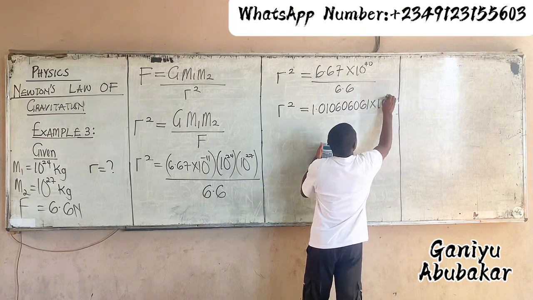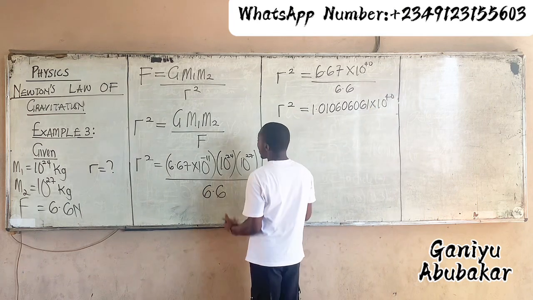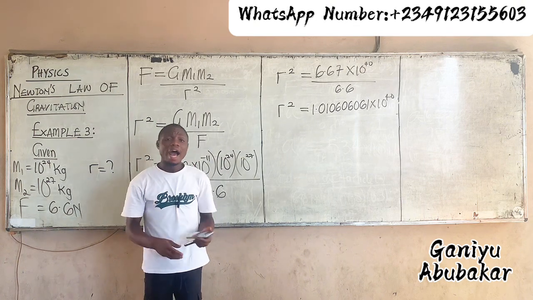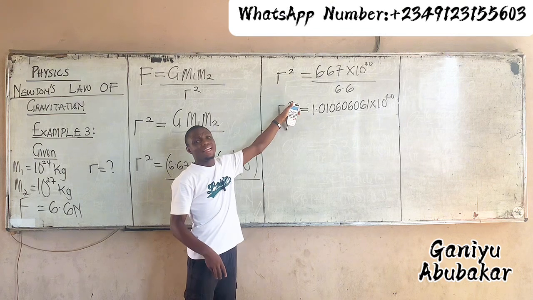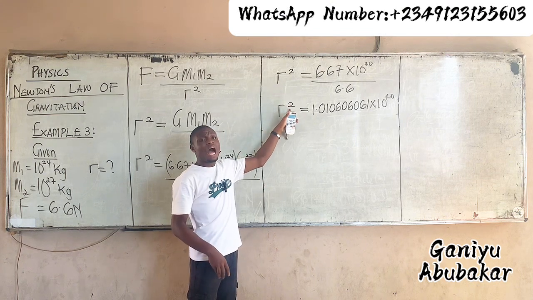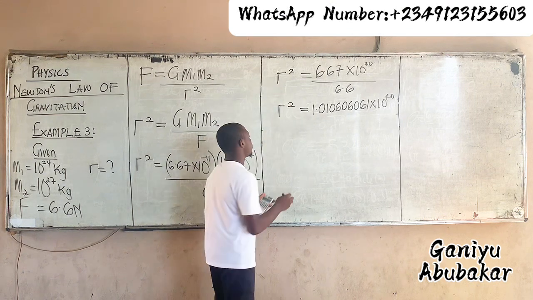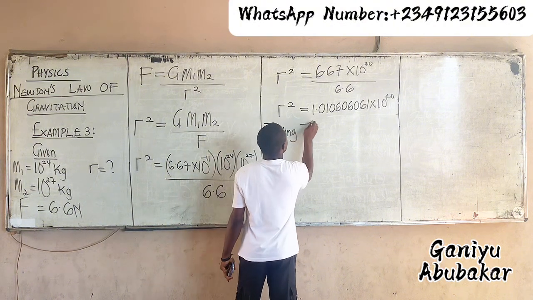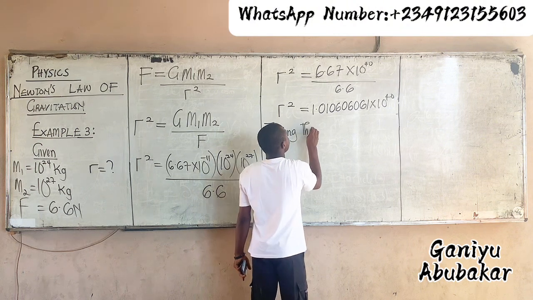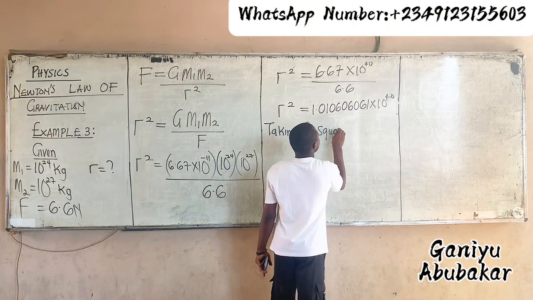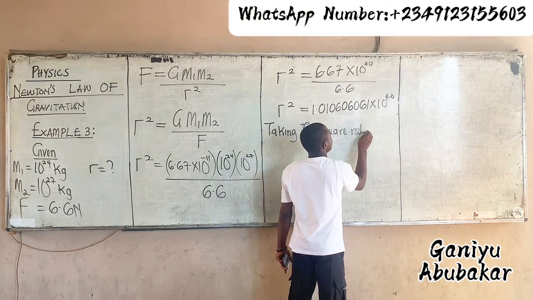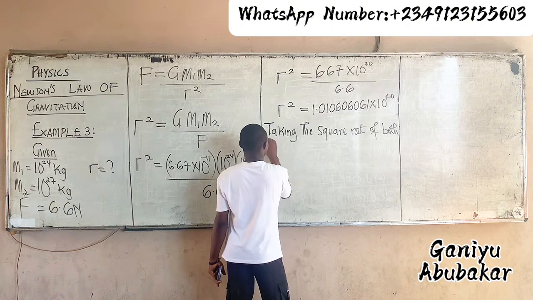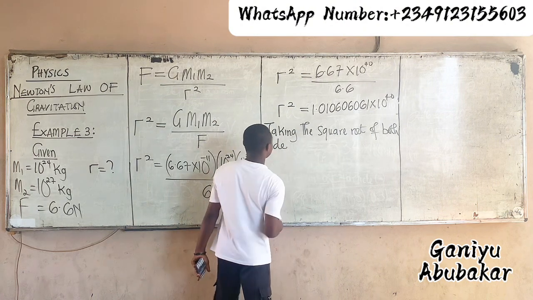So I'm asked to find distance, just ordinary r. I'm not asked to find r squared. To eliminate the square, I'll take the square root of both sides. What do I get there?